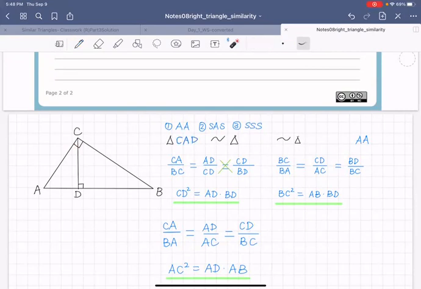When I want to talk about CAD, look at this one with this one. They both have 90 degrees, correct? Yes. So these two triangles have the same right angle. That's our first congruent angle. Second one, this piece equals this piece, correct? Yes.